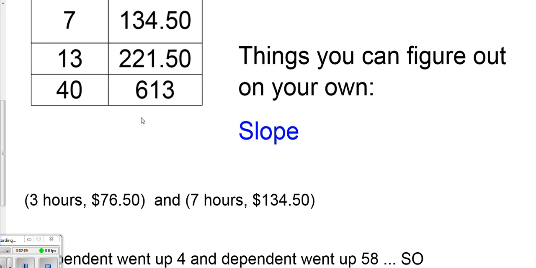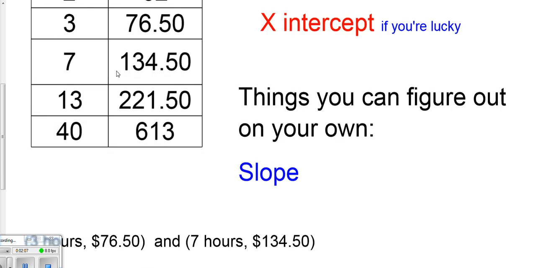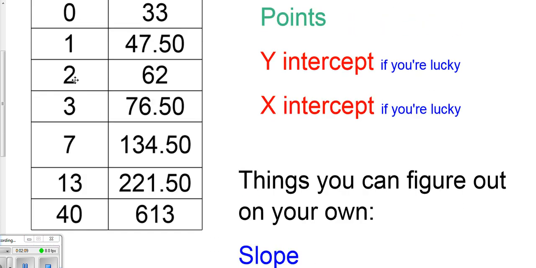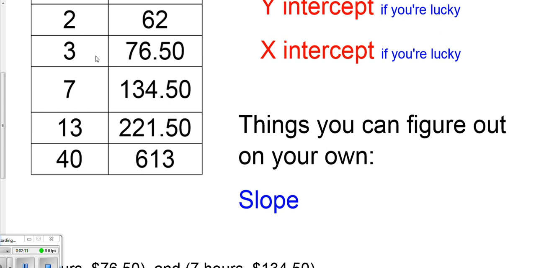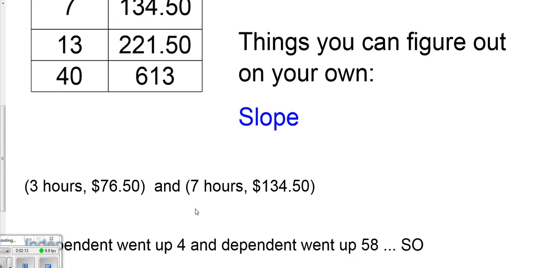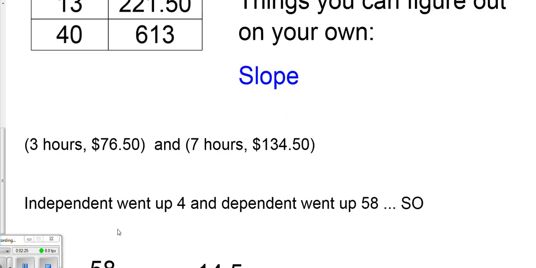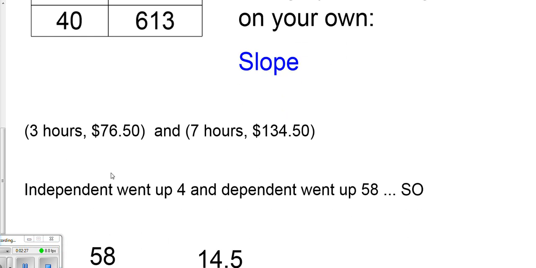Let's check and see, just using these two random points. It didn't have to be a change of 1. It can be any old points here. Let's see the slope. 3 hours, and she has 76.50. 7 hours, and she has 134.50. Well, the independent variable went up by 4, from 3 to 7, 4 more hours.